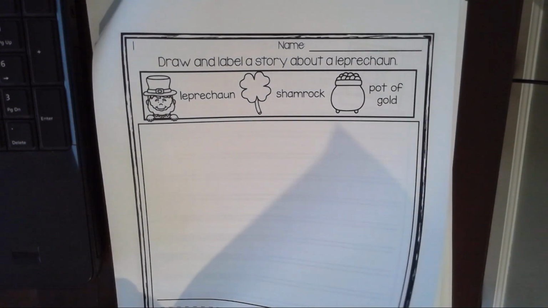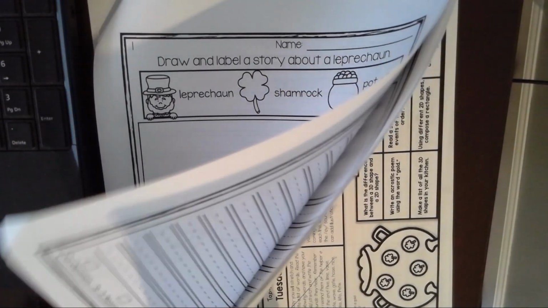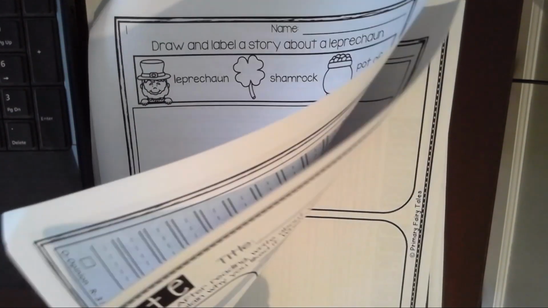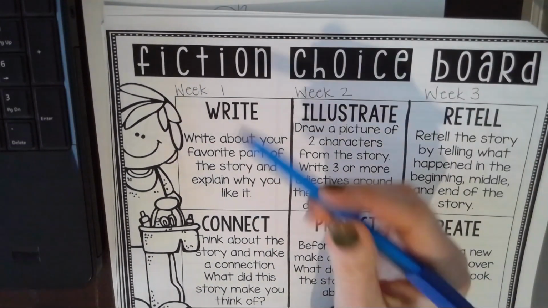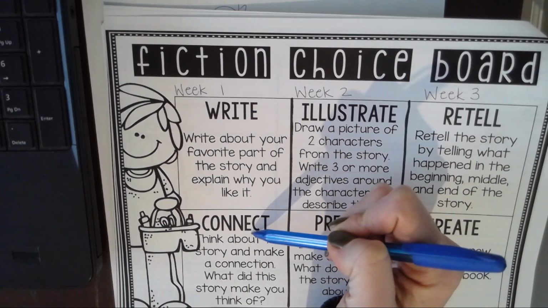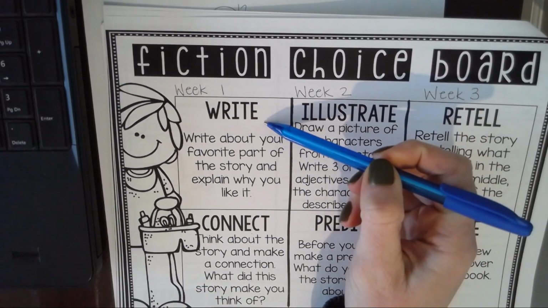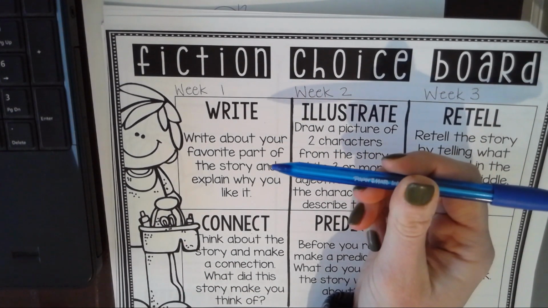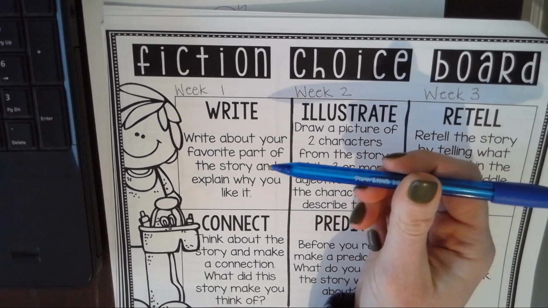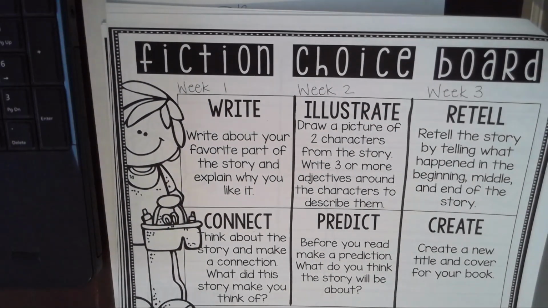Okay? All right. After writing, maybe you are going to do your fiction choice board. And we are on week 1. Okay? So I'm just going to demonstrate the first activity today, and it says write about your favorite part of the story and explain why you liked it. You can still use the story That's What Leprechauns Do from the other day, or you can use the story Rosie Revere, Engineer.